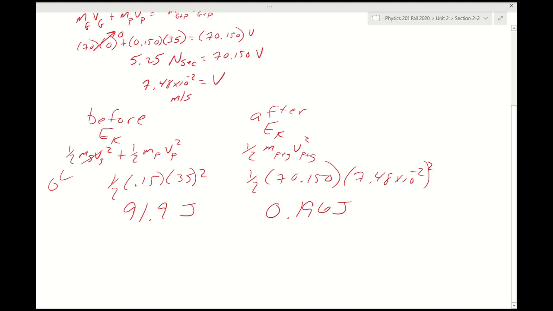Well, what we had lost was the 91.9 minus the 0.196, or approximately 91.68 joules lost in the collision of kinetic energy. Now, where did it go? It went into friction, heat, and so on generated by catching the puck.